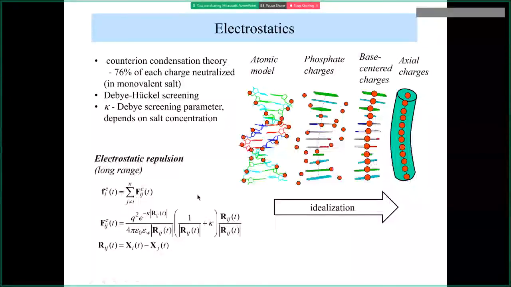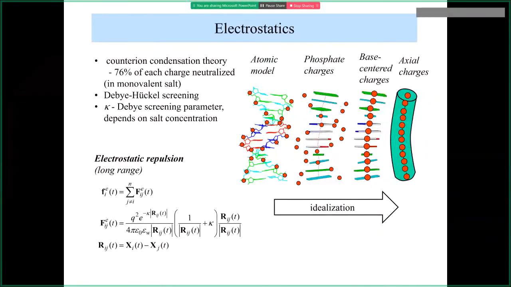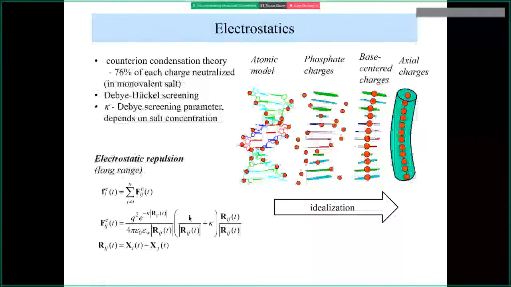And instead of just a standard Coulomb interaction, we use a screened interaction, which is the linearization of the nonlinear Poisson-Boltzmann equation that has been reduced to a Debye-Huckel screening term. So here, the electrostatic force depends on the reciprocal of the distance of the two charges, but also is multiplied by the exponential of negative Debye screening parameter times that distance.